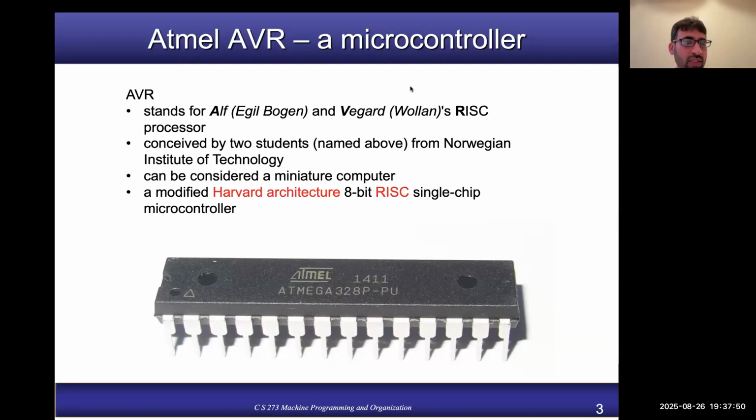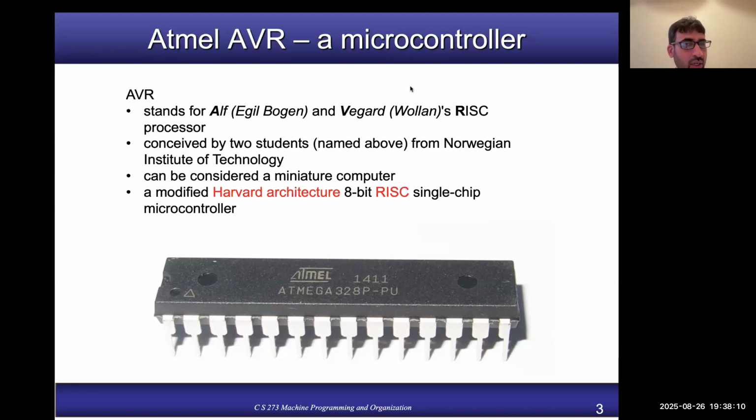Whenever the CPU performs an addition operation, the operands are read from the registers. Registers are like data holders, and those registers are 8-bit in size, so that's why we name it an 8-bit architecture.